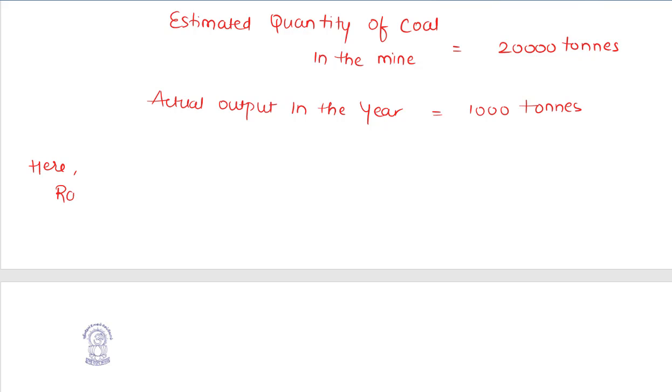Here, how will we calculate the rate of depreciation? Rate of depreciation equals 1 lakh, that is the cost of acquiring a mine, divided by 20,000, that is the estimated quantity of coal in the mine.